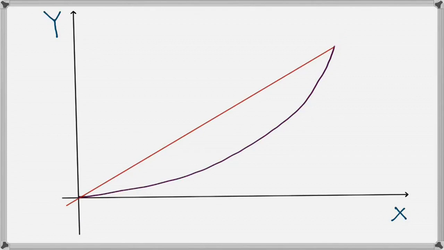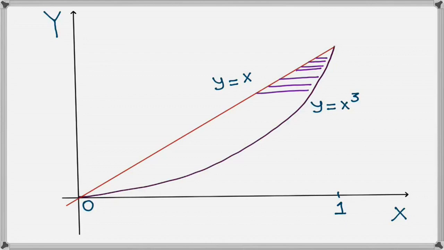So, this is the point 1. This is y is equal to x cube and this is y is equal to x and this is 0. So, the region I am shading is the region R.